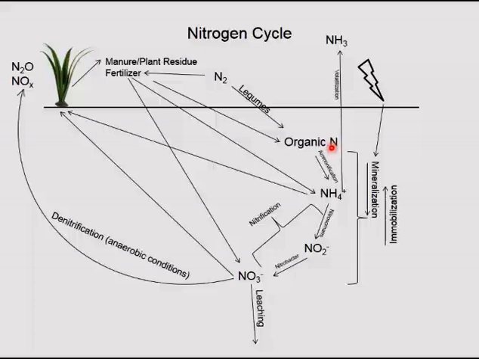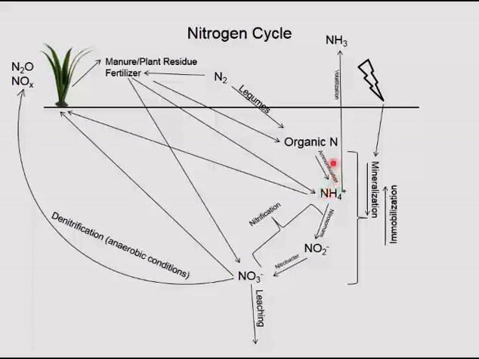And so what happens is this organic N, through a few steps, can convert itself. The first step of organic N conversion in the soil is called ammonification. What that means is that organic N is converted to ammonium.